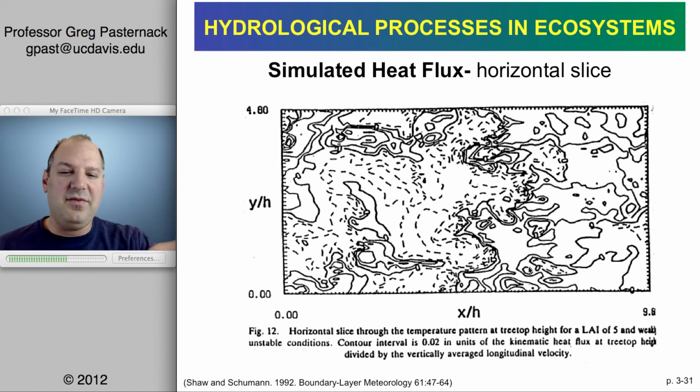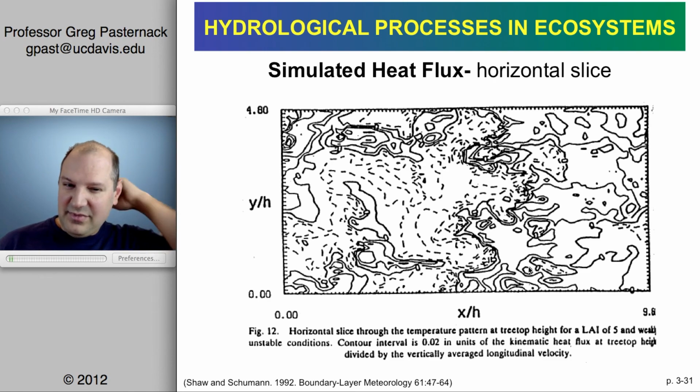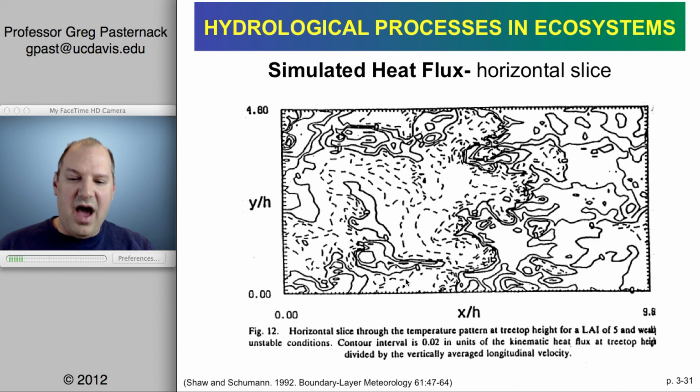Here we're opening up the head of the canopy and looking inside, and the areas where you see solid lines are areas where you have higher temperatures rising up, like this whole side over here as well as some of these. And then the dashed lines would indicate cooler temperatures, which are places where flux is likely going down.